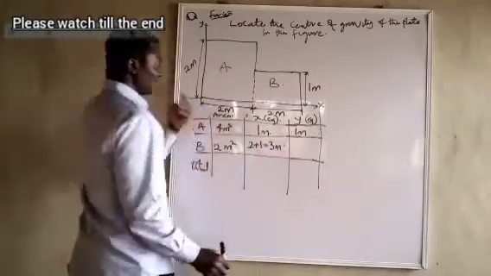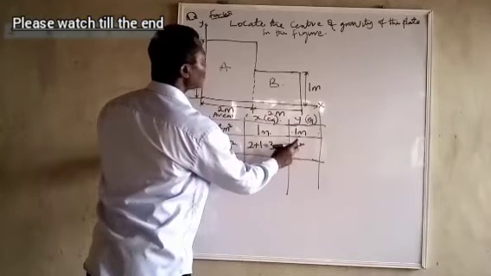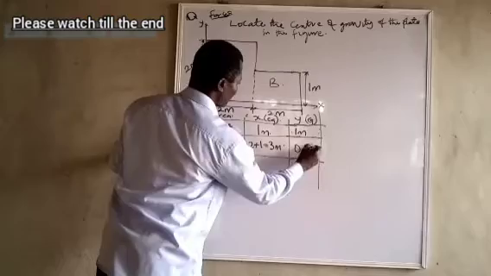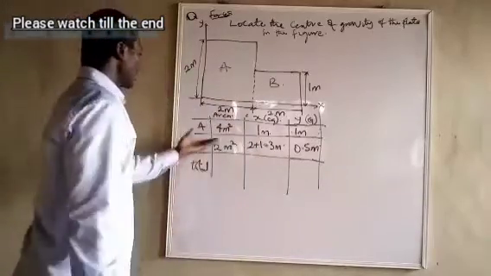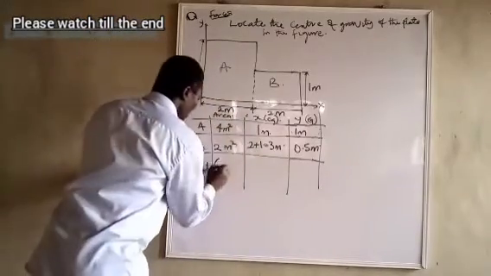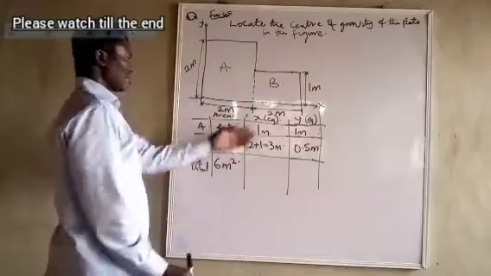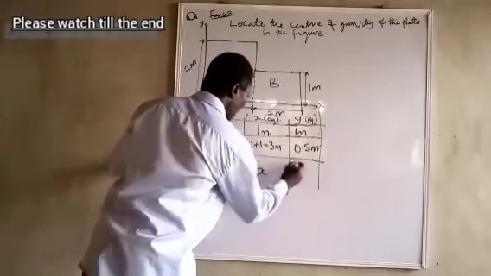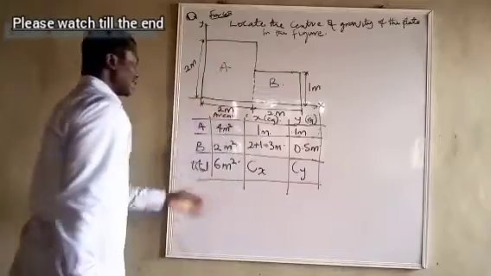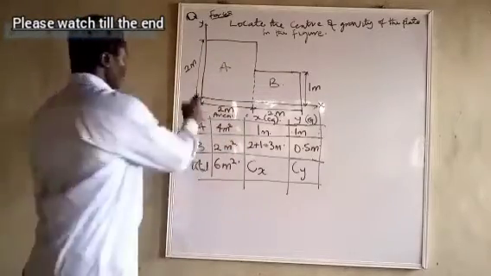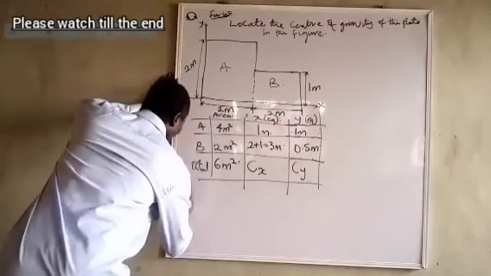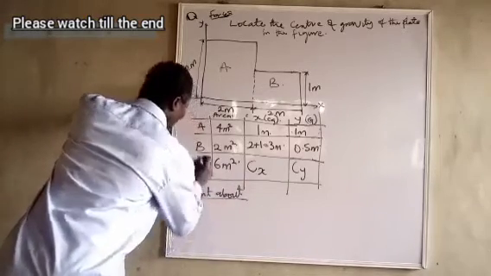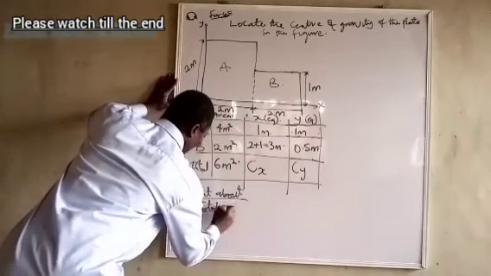For B, it is going to be 0.5 meter. Now, what is the total area? 6 meters squared. I call this one CX and CY. Now, let's take the moments about Y. Moment about Y over total area.